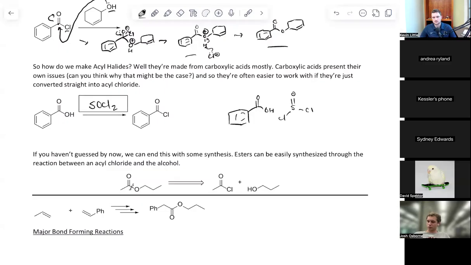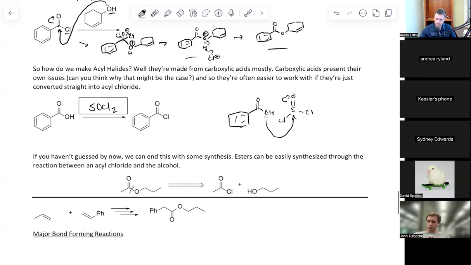You can see how this mechanism works. I wouldn't necessarily ask you for this mechanism, but you can kind of figure it out from that point. But what I care about is that you know that SOCl2 will substitute out an OH for a Cl. And I do hope you can do the mechanism. It's very similar to what we've been doing.